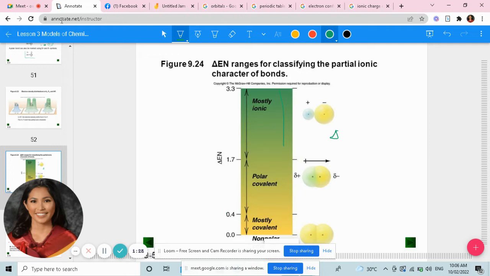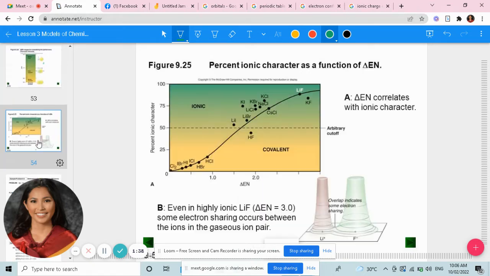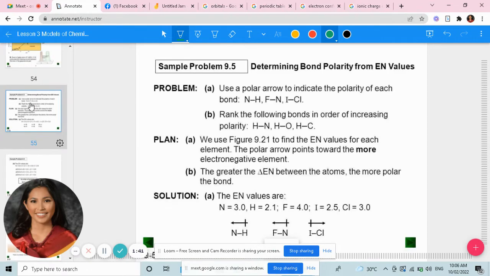Okay, now let's do that one. Use a polar arrow to indicate the polarity of each bond.